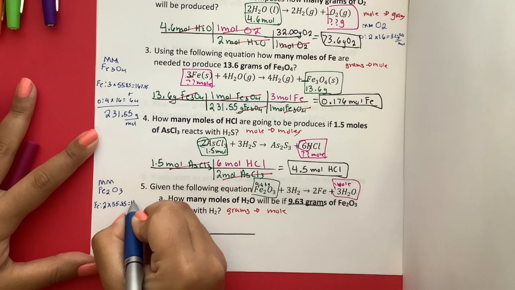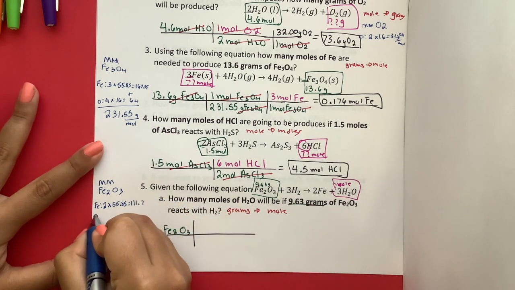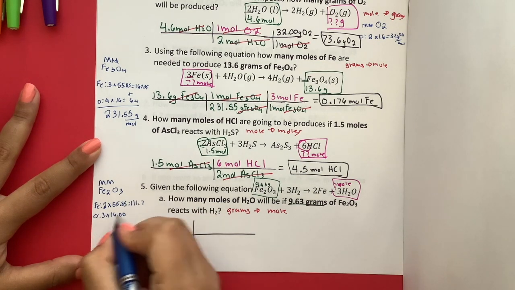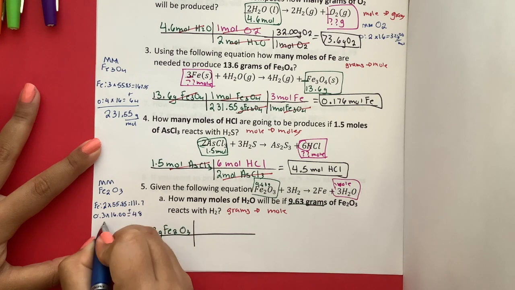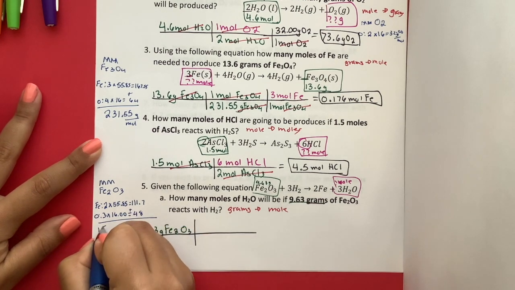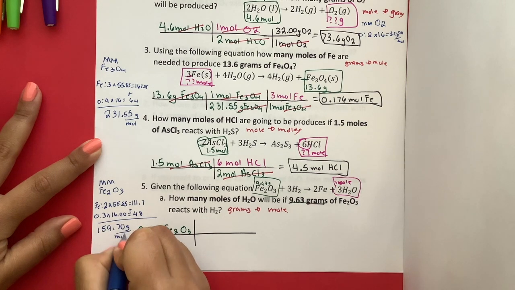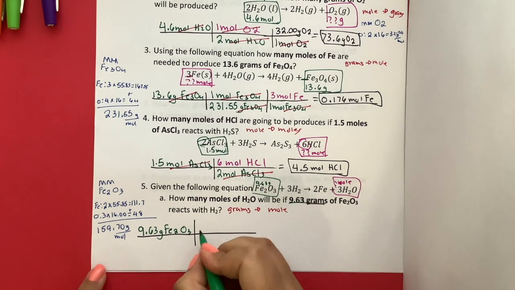That gives us 111.7. Oxygen, we have 3 times the mass of oxygen, which is 16. 3 times 16 gives us 48. We add them, and it gives us 159.70 grams per mole. Okay, now this number, I am going to write it here in the bottom.